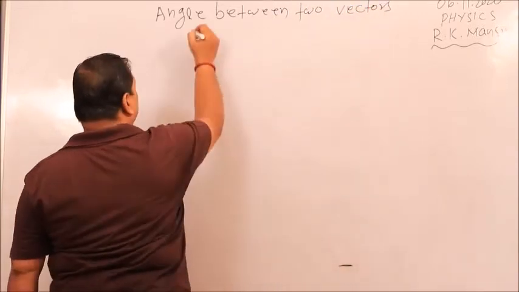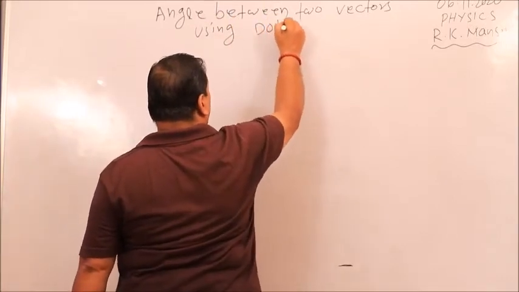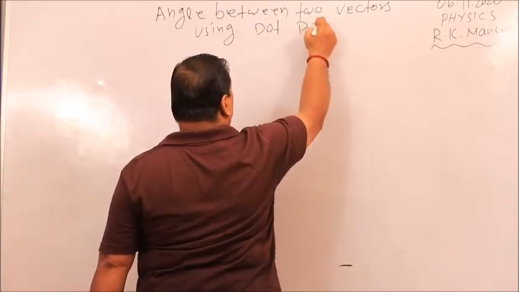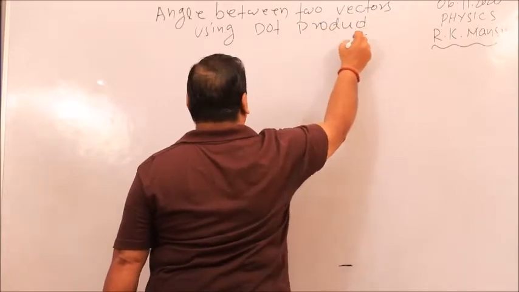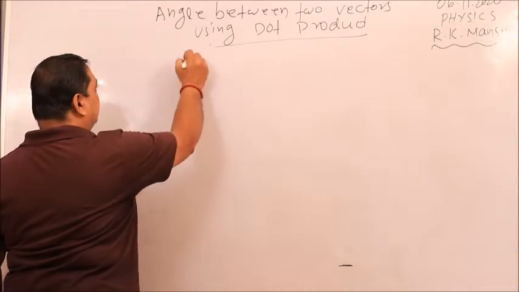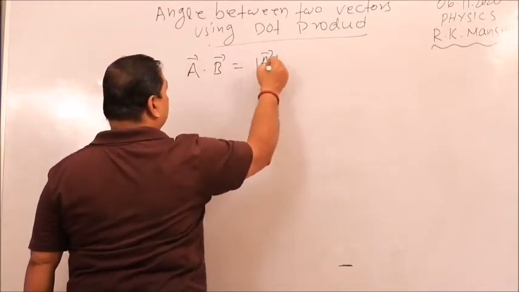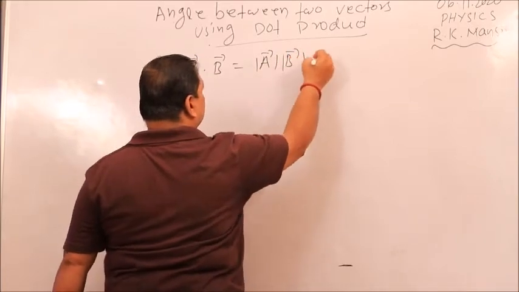Angle between two vectors using dot product. We know A dot B equals modulus A modulus B cos theta.